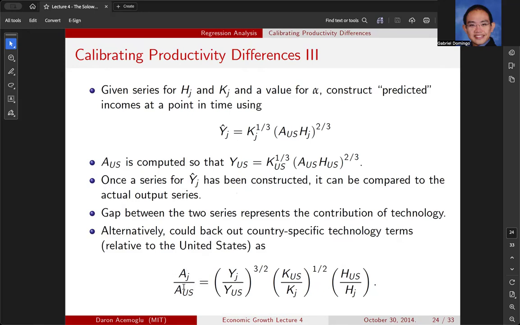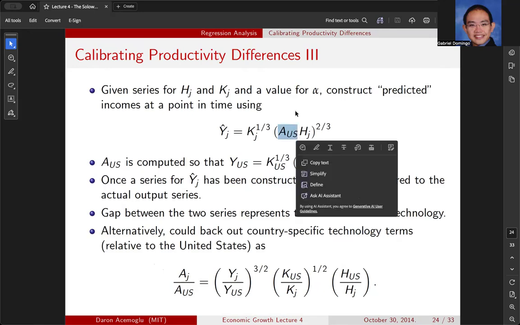This is why you can get this expression here by dividing Y hat J, which is the production function of country J, by Y US, which is the production function of the US, with both production functions now having the country-appropriate level of TFP.